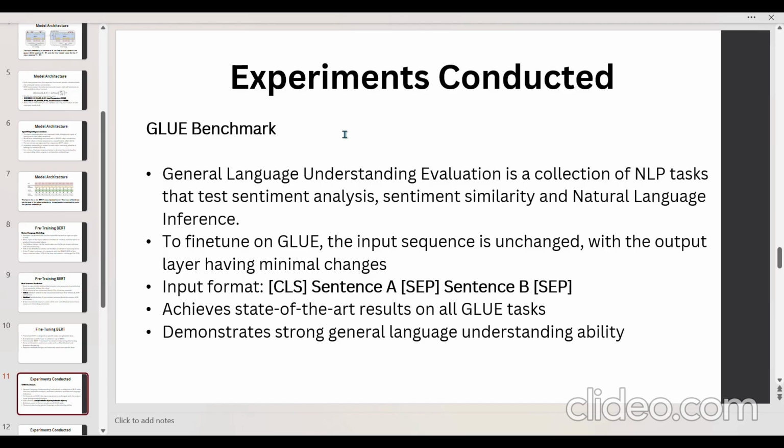Here, the input format is the original, starting with the classification token, and the sentences are separated by the separator token. The BERT model achieves state-of-the-art results on all the GLUE tasks and demonstrates a strong general natural language understanding ability.